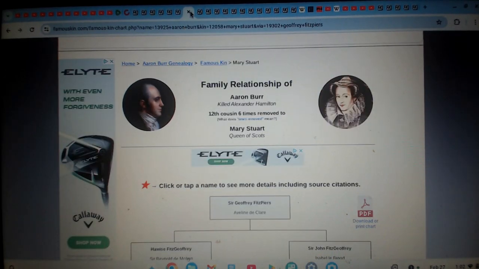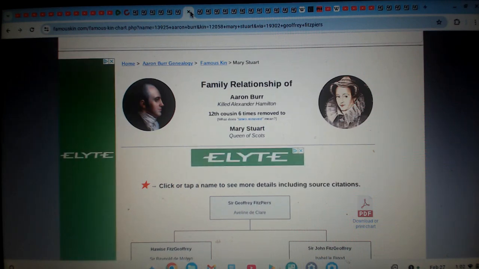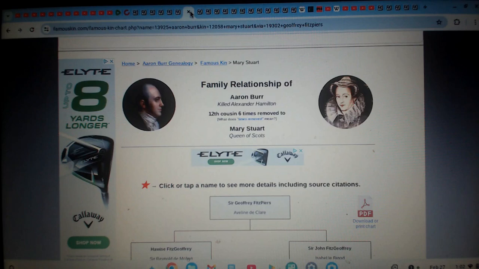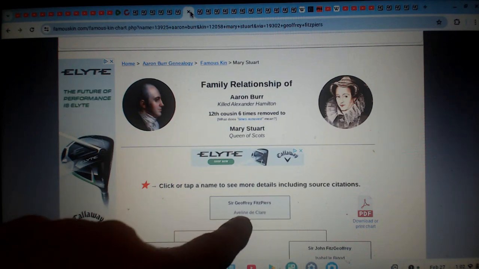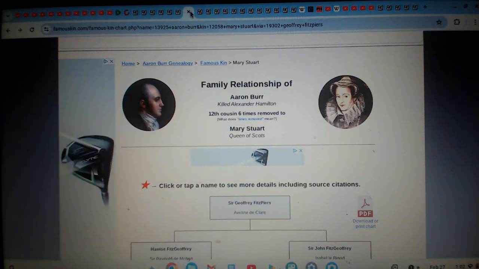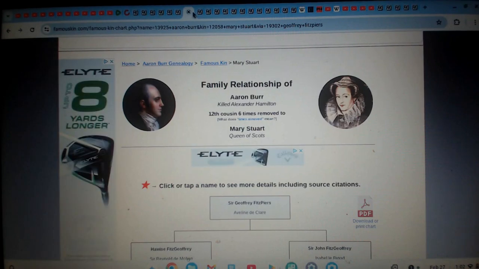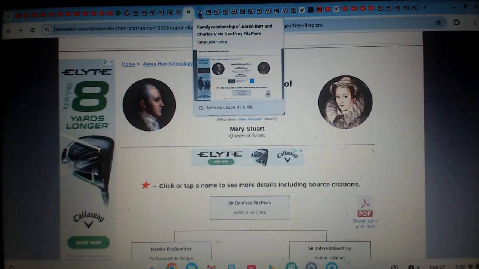They all have the same grandfathers at these nodes. Now I want you to look at, we're going to go over all the kings that this guy is a direct descendant to. Or no, he's cousins with. Aaron Burr is cousins with Mary Stuart. But what's the link up? Sir Geoffrey Fitzpierce and Aveline de Clare. Remember that name?